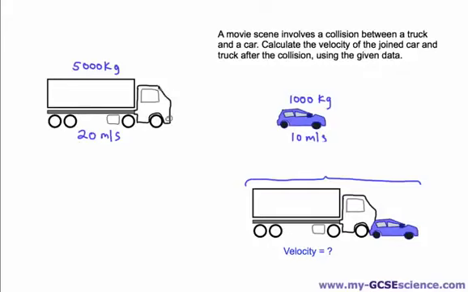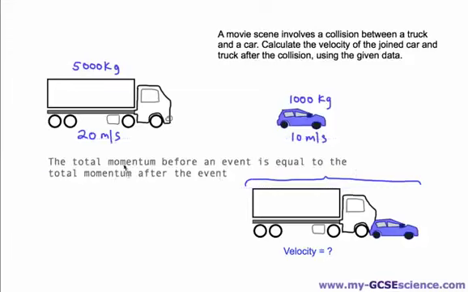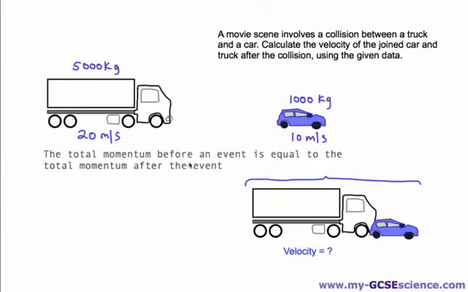So it might be useful to have our law here. Total momentum before is equal to the momentum after the event. So what is it before? Well, we calculate the momentum of the truck, we'll call it P1, and the car P2, and we'll add those two together.